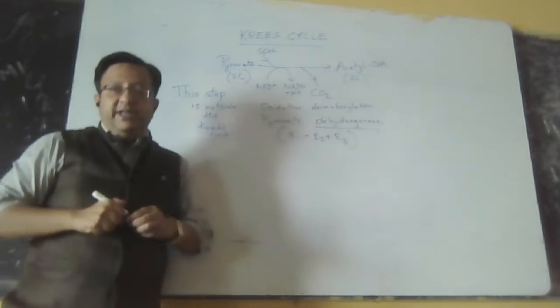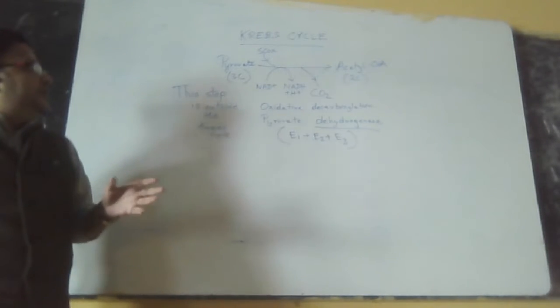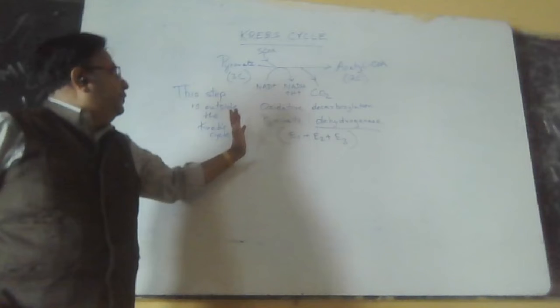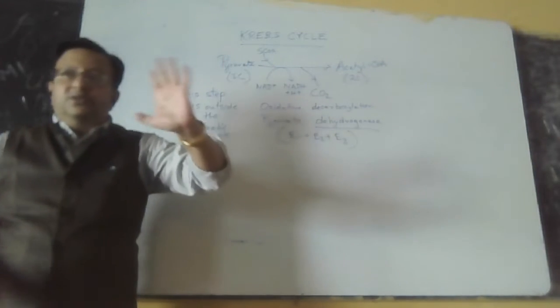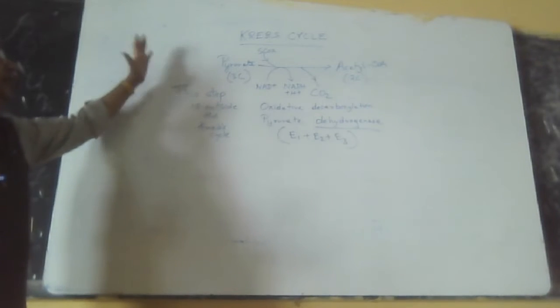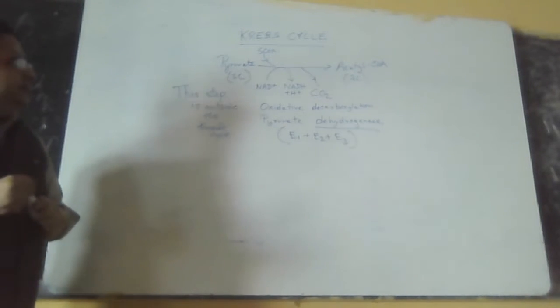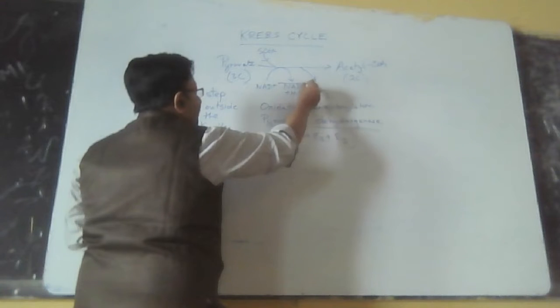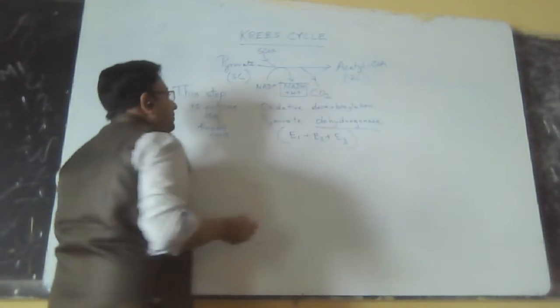So if anybody asks you what is the total energy yield from the Krebs cycle alone, you don't take into account this step. You have to take it into account because this step produces an NADH plus H plus.